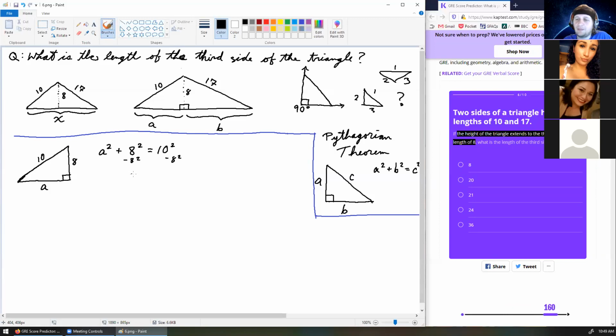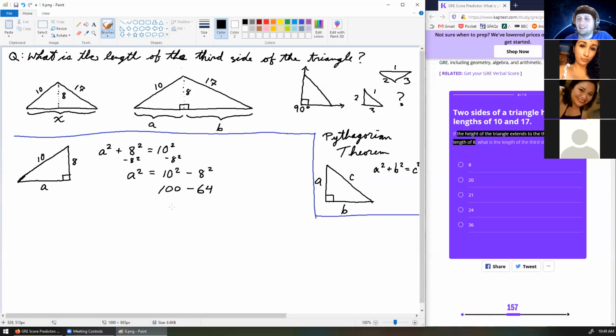So we have A squared equals 10 squared minus 8 squared. What's 10 squared? 10 times 10? 100. There we go. And what's 8 squared? 8 times 8? 64. Yep. All right.